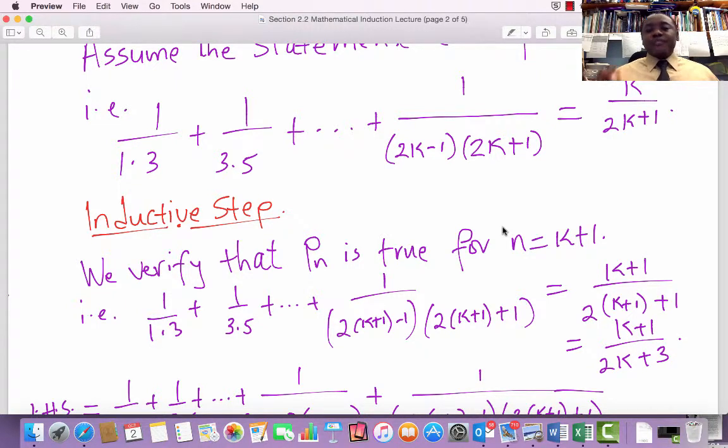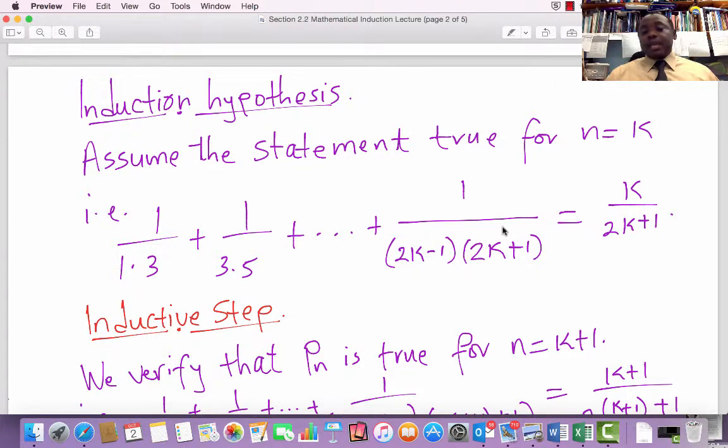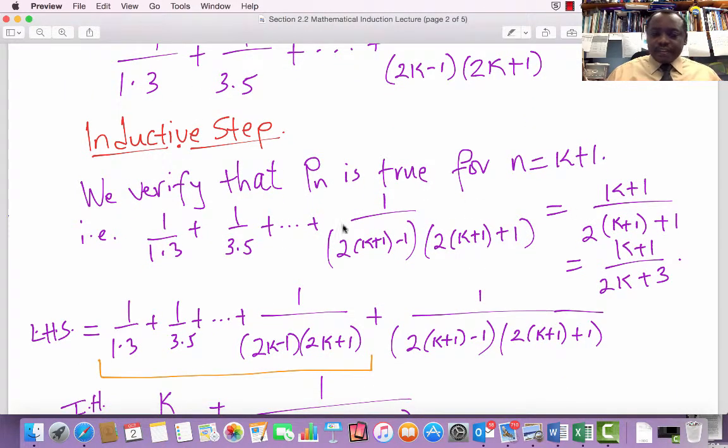This is where we verify that the statement is also true given the assumption above for n equals k plus 1. So the left-hand side is given as such, and the right-hand side becomes k plus 1 divided by 2 times (k plus 1) plus 1.